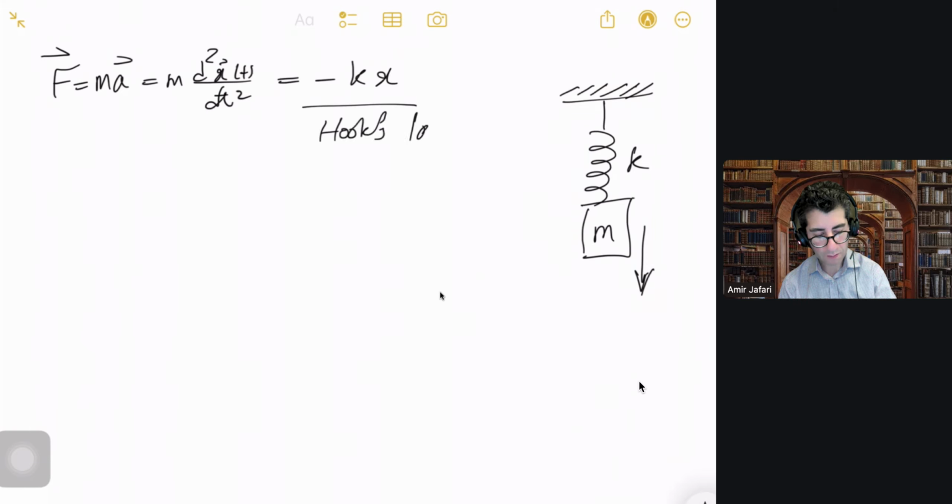Hooke's law. Robert Hooke was a great man scientifically, but he was living at the same time as Newton, and Newton didn't like him because he used to criticize the works of Newton. So there is an interesting story between these two.